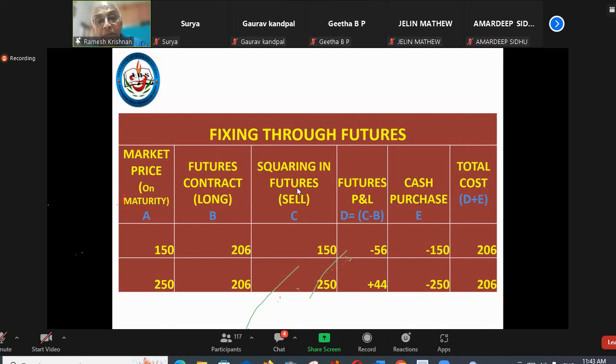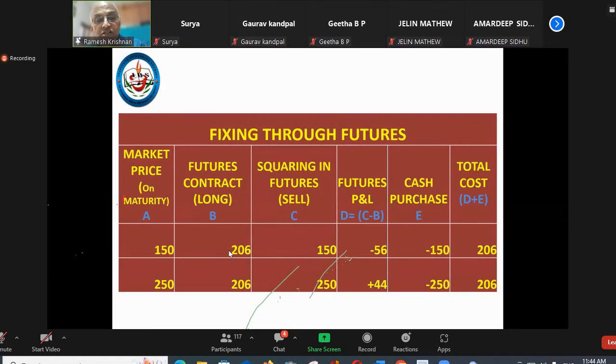Okay. So on maturity date, what happens? The futures are always cash settled, futures contract. So you have bought on the exchange at 206, the exchange will buy it back from you at 150, and they will debit your P&L account with 56 rupees.